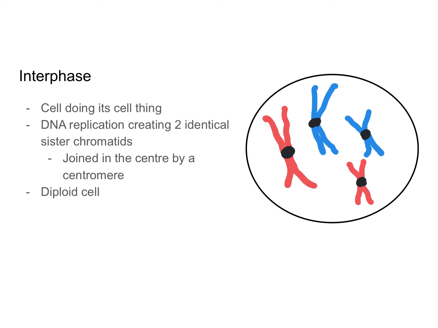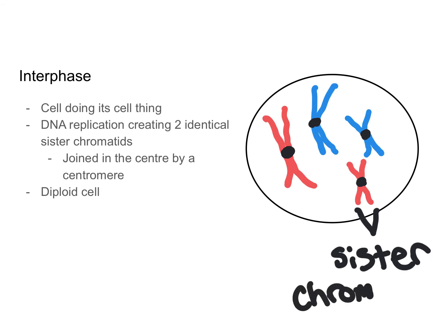Now, these two are called sister chromatids, and they are identical, which means they also have the exact same genetic material.